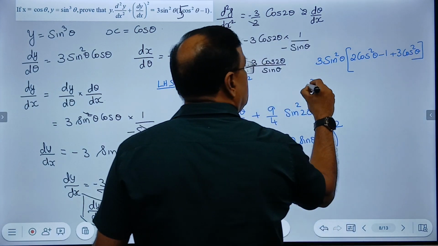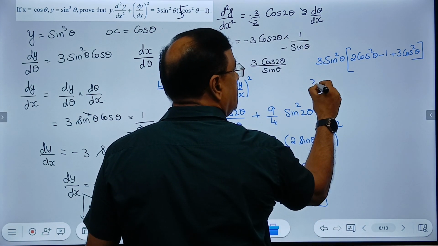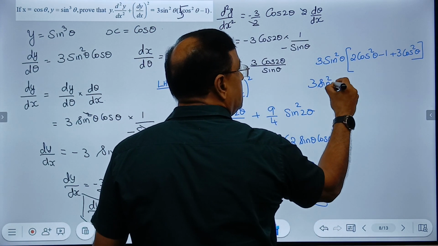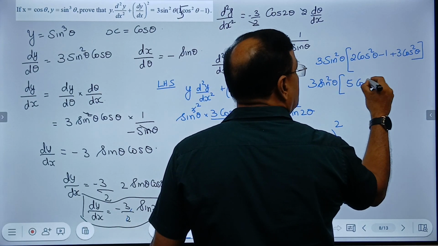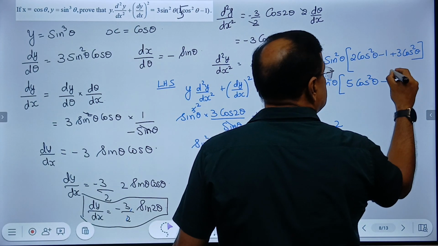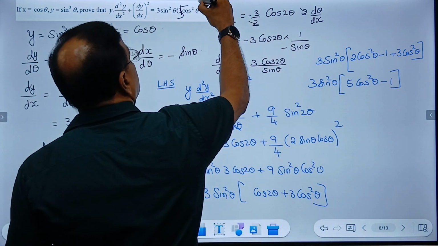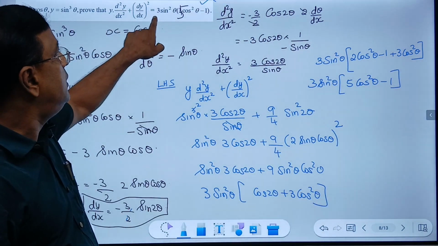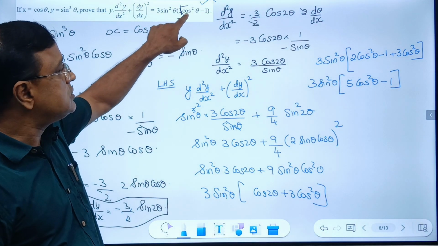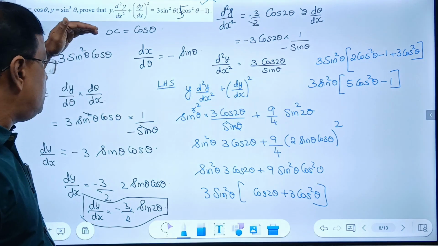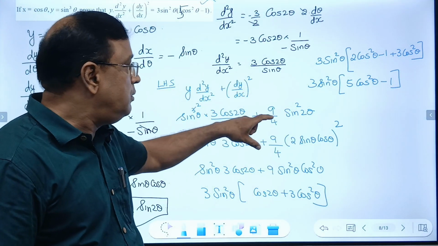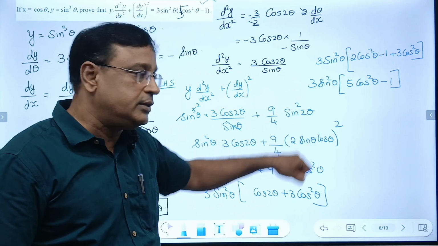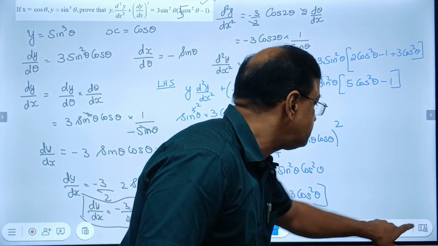So this will be 3 sine square theta into 2 plus 3 is 5 cos square theta minus 1. That is exactly what I wanted to prove. Just have a look at it. 3 sine square theta into 5 cos square theta minus 1. So you have to do the problem very carefully. Okay, make sure you know the trigonometry formula, apply it in the right place, you'll get the answer.